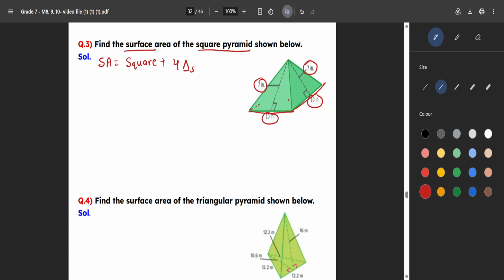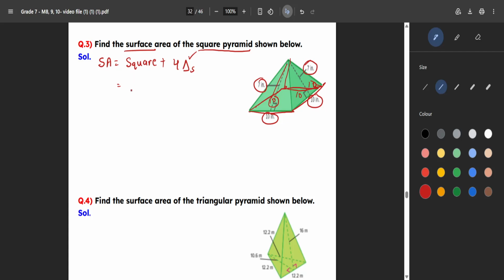So definitely the triangle at the back, this one, will also be 10 and the height 7. Here this one, the base will be 10 because this is a square, so all the sides must be equal, and the height will be 7. So what I will do, I will find the area of one triangle and multiply it by 4, because there are 4 similar triangles.